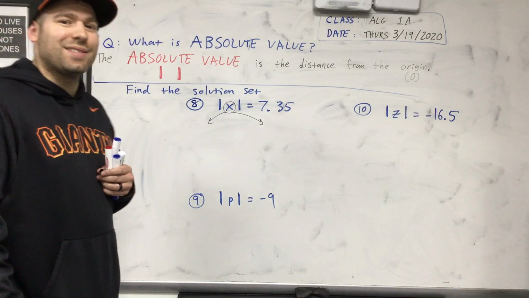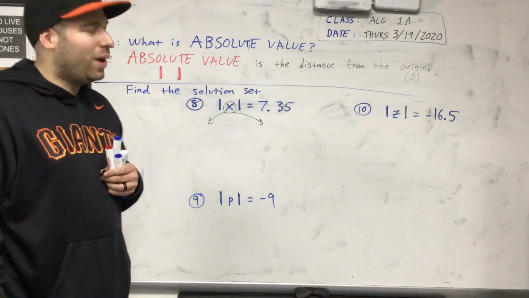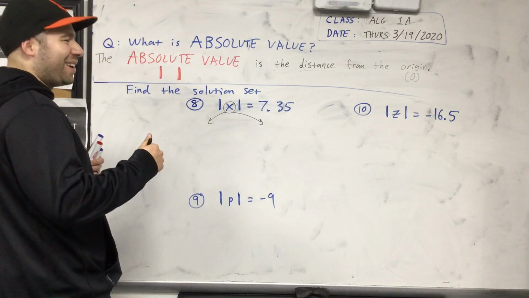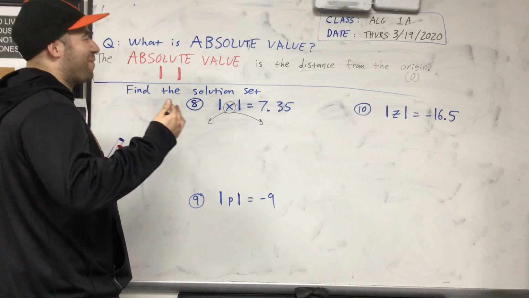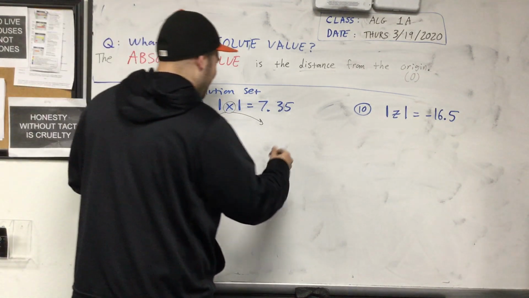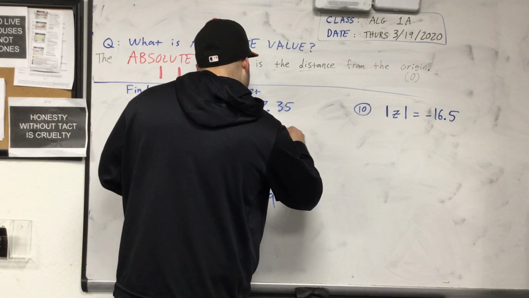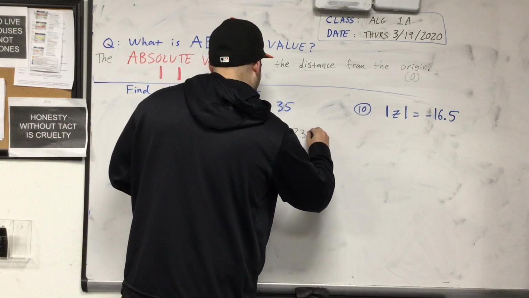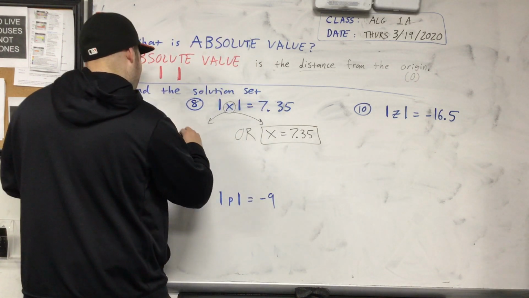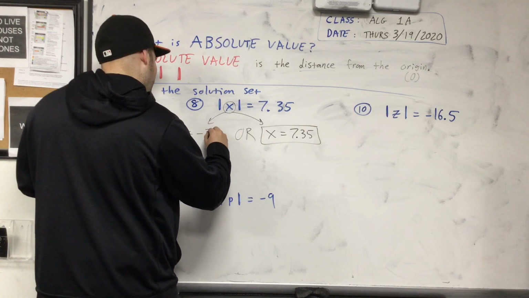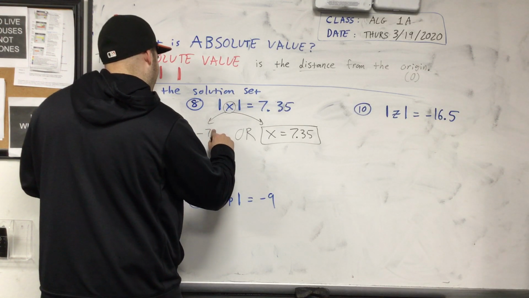How do I get a distance of 7.35? Well, I can go, I don't know how you do 0.35 steps of a fraction of a step, but let's just go with it. So I can go 7.35 miles forward or 7.35 miles backwards.